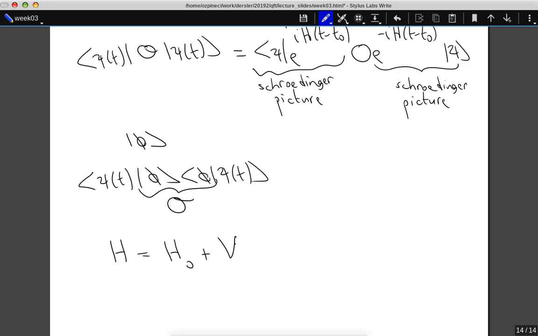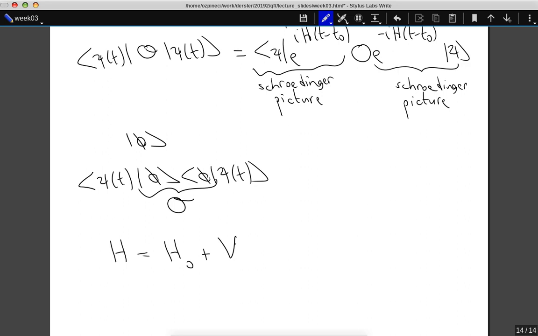Now, why do we make this separation? Well, you see, the operators, whatever state you have, they are the same. You use the same operators. So we can take into account the evolution of H0 exactly. And then we will take the evolution with respect to V as a separate, perturbative manner.